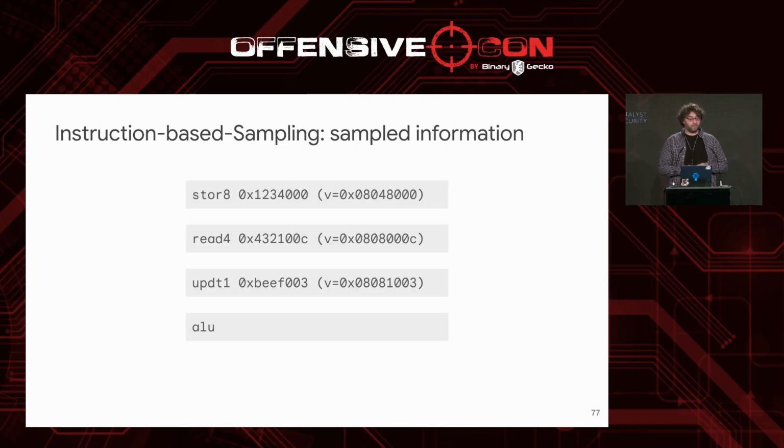The information in this buffer is the type of memory access, if there is one, the size of the memory access, the virtual address, and the physical address. If there's no memory access, we don't get much additional information, just that it's an ALU instruction.